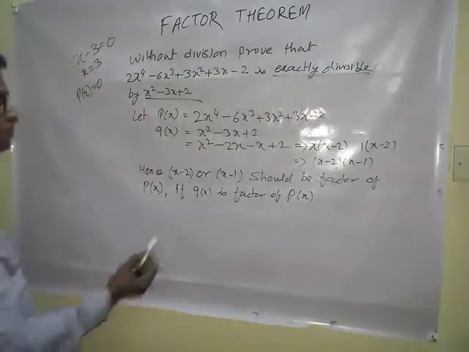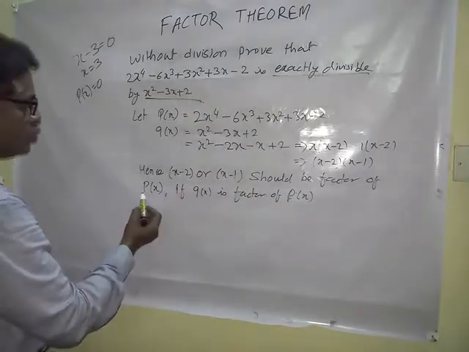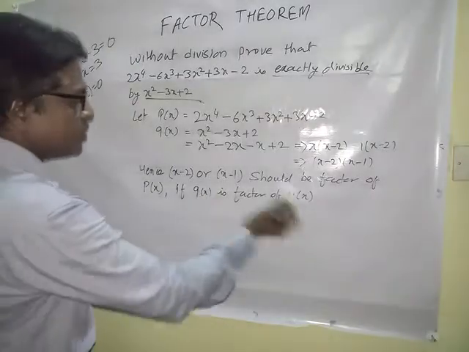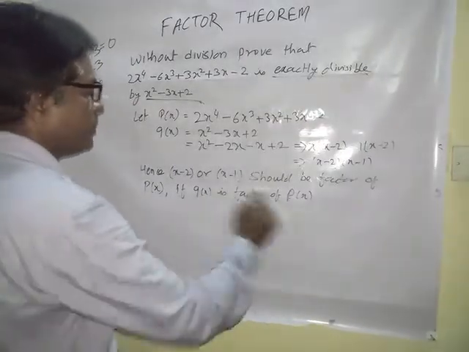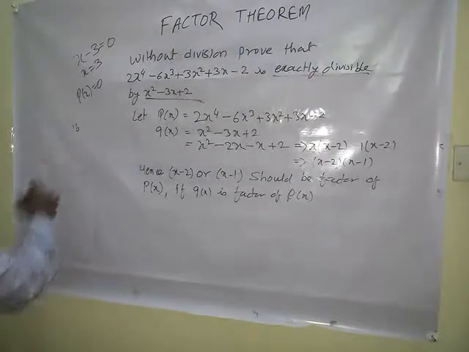What are you saying? This x minus 2 and x minus 1 should be the factors of px. Then only qx will be the factor of px. I'll tell you how. Let's take a simple example, say 16.